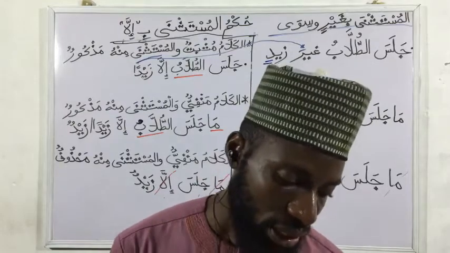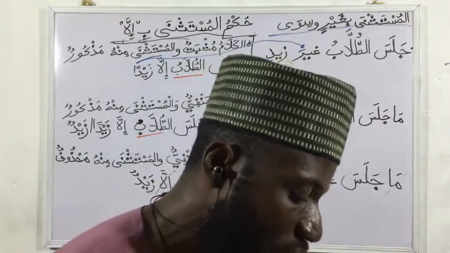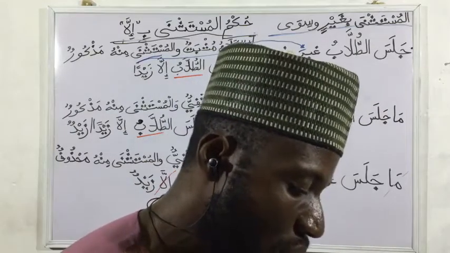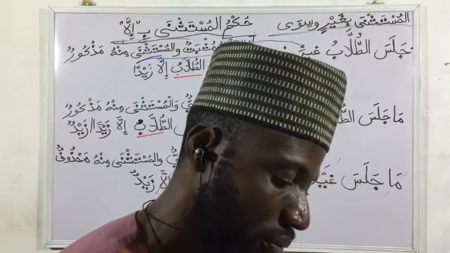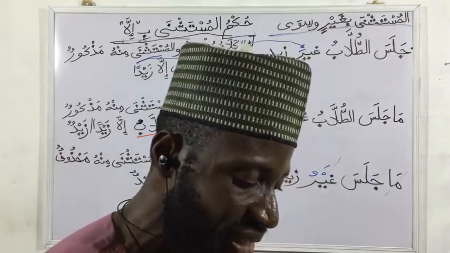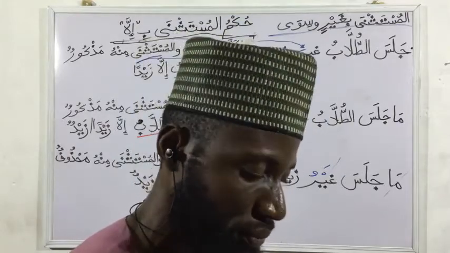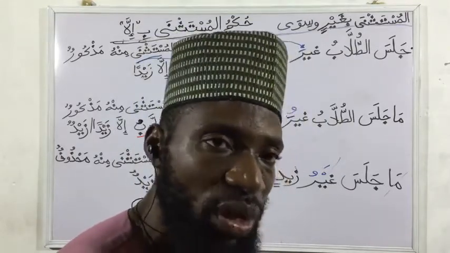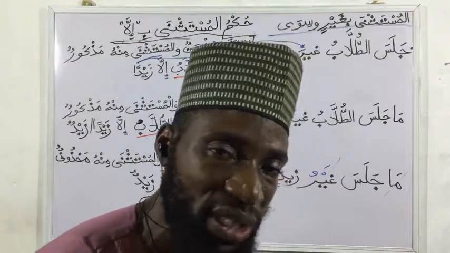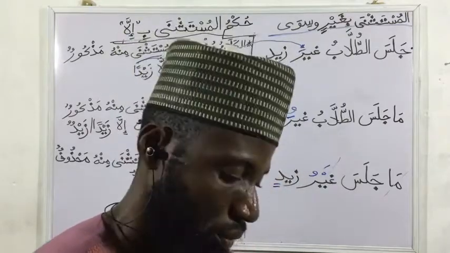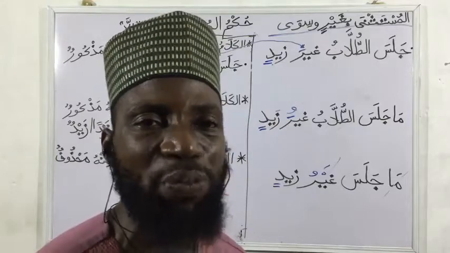Now the next one: la yanalu limujidi ghayrul alimin. You can see here your mustasna minhu is what? It is mahdhuf. The person who performed the yanalu is missing. So we have seen a verb. Who is performing the verb?